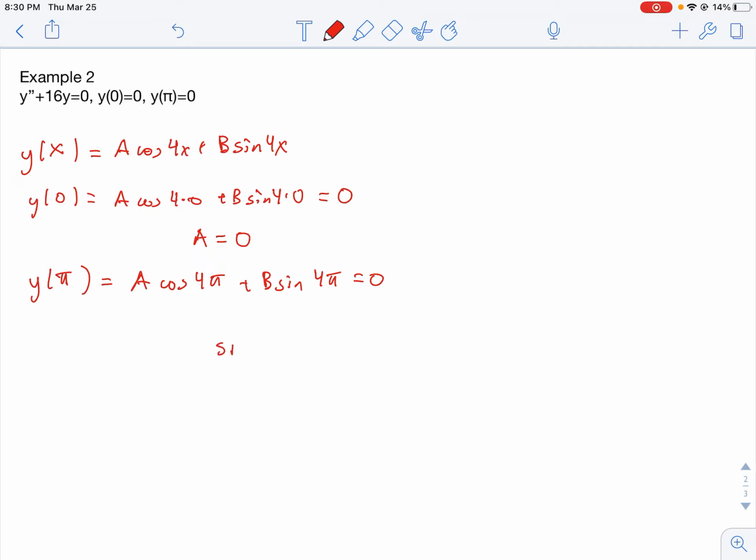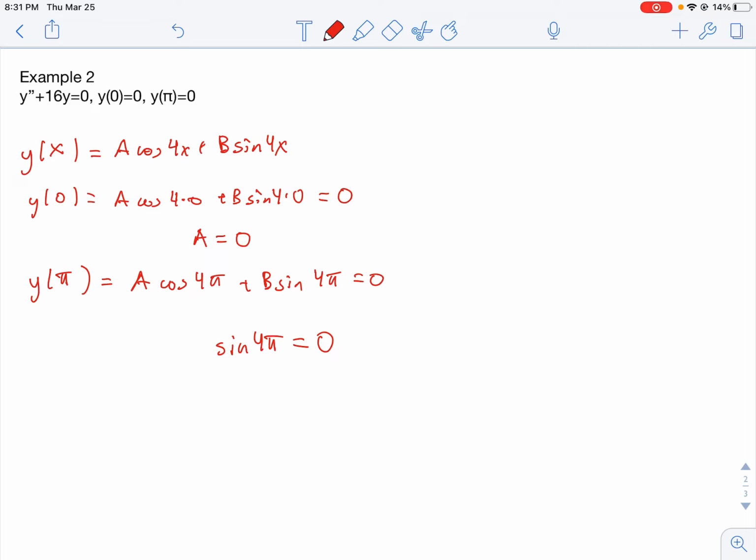We know that sine of 4 pi will always equal 0 no matter what the value of b. Therefore, b can be anything. It can be real, it can be imaginary. Therefore, this results in infinitely many different non-trivial solutions. And this is another issue that we can run into when dealing with endpoint problems.